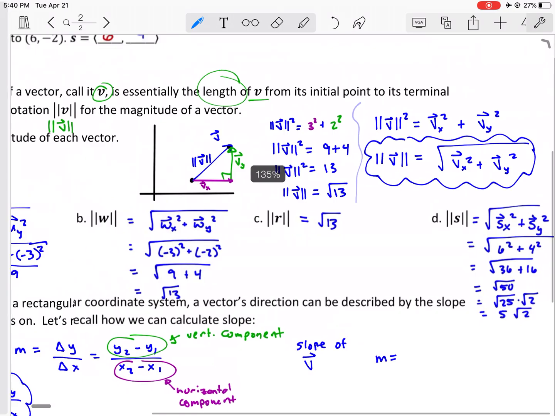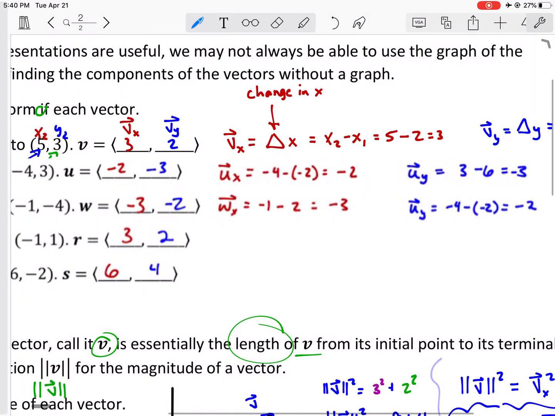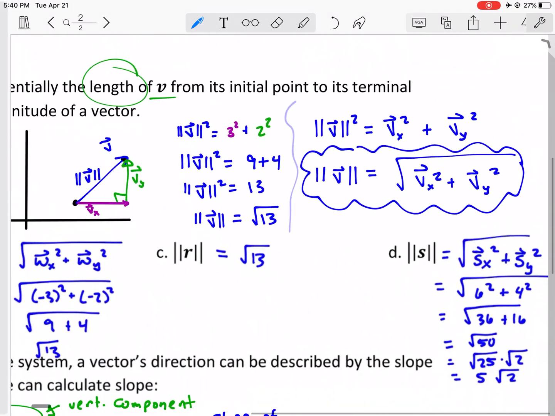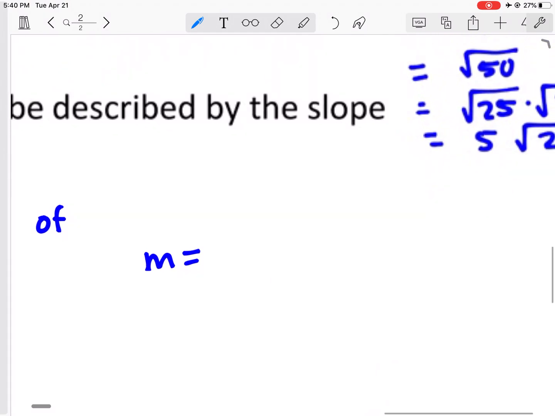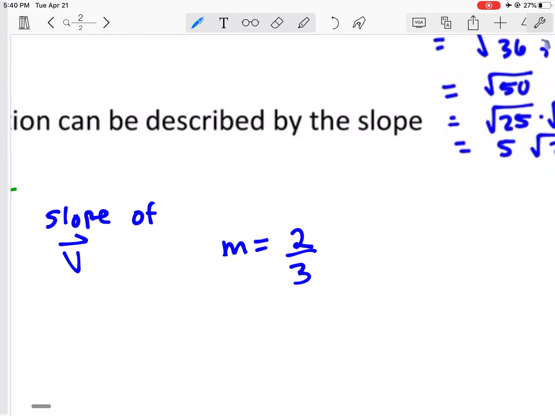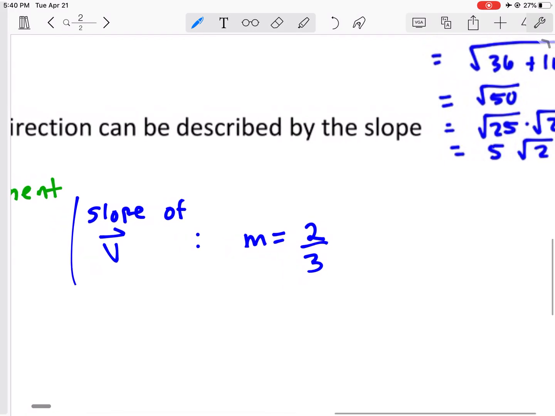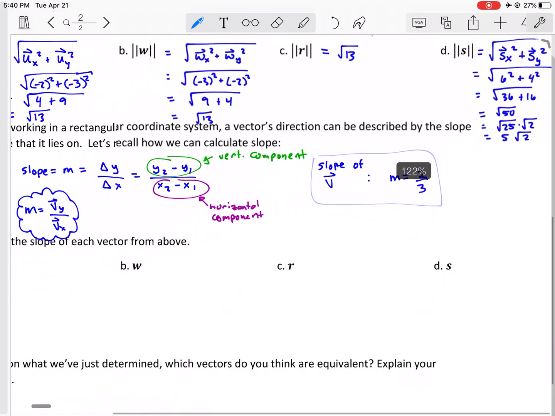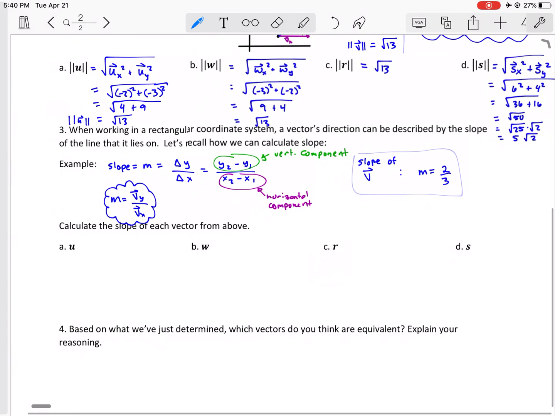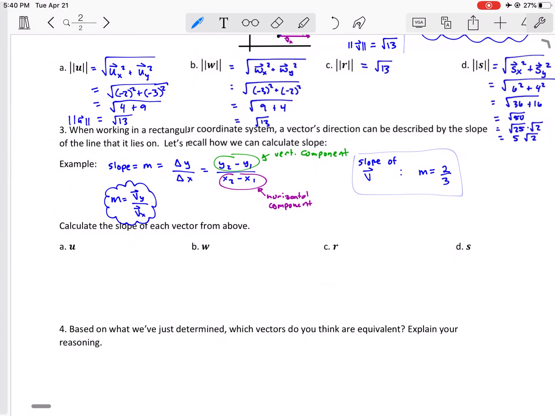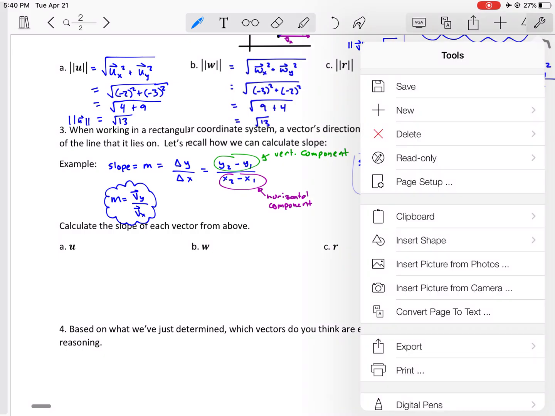Let's go back up and look at v's vertical component is 2, and its horizontal component is 3. It's just 2 over 3. So it should be really, really quick and easy to find the slope once we have the components of a vector. Give that a shot for the other 4 vectors after pausing the video.